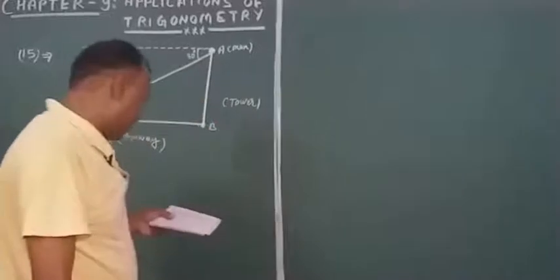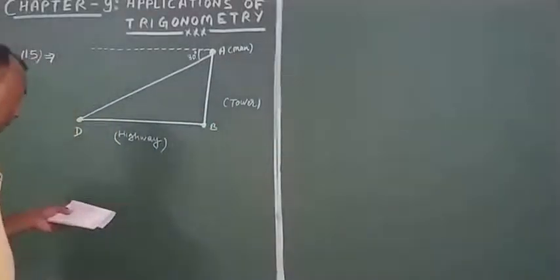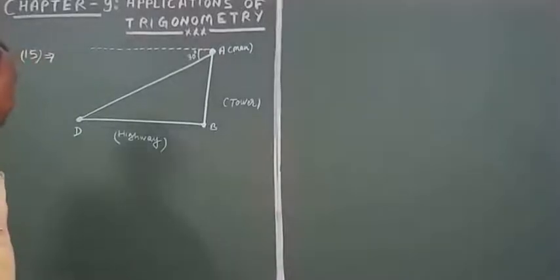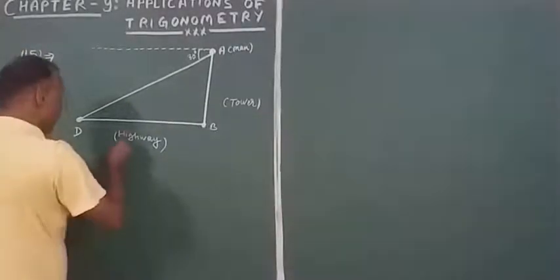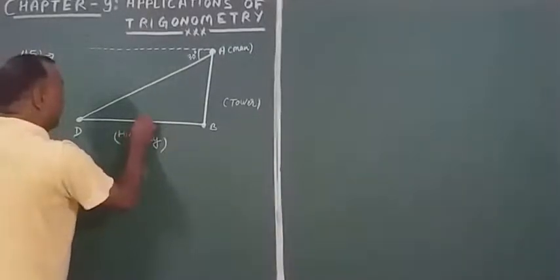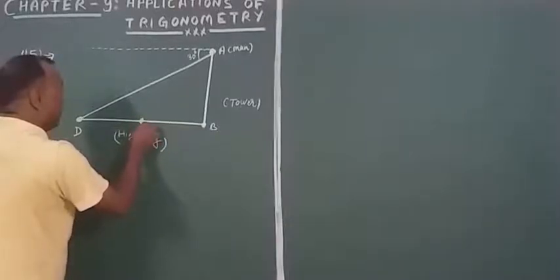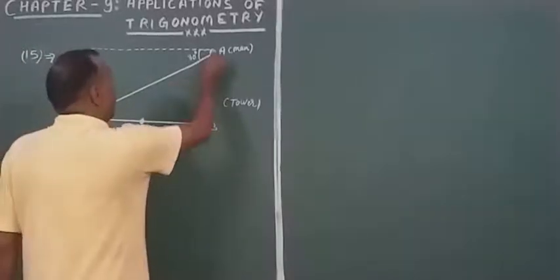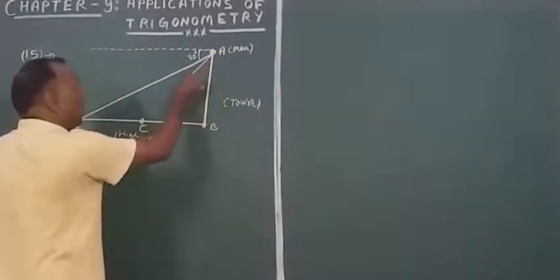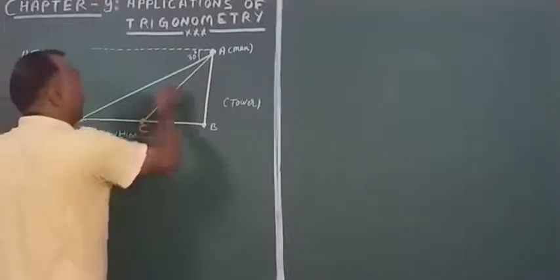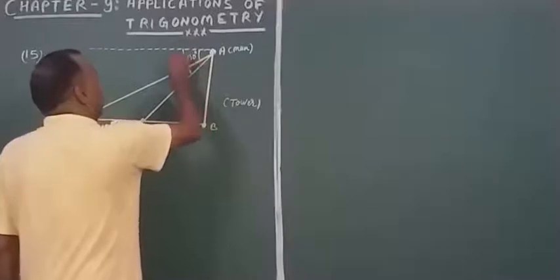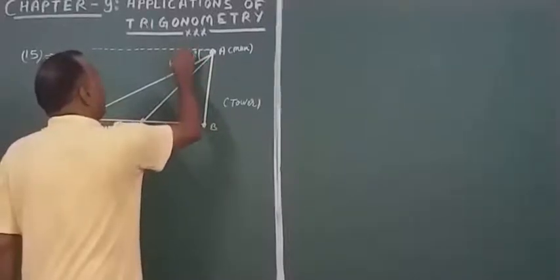Now 6 seconds later the angle of depression of the car is found to be 60 degree. 6 सेकंड के बाद वो पॉइंट C पे पहुंच जाती है कार. And then this angle of depression becomes 60 degree.